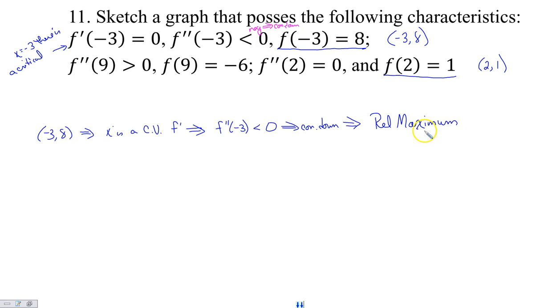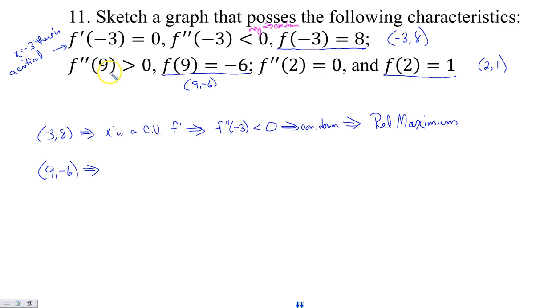So now what do we get from the second part of this? Oh, I missed a point. We'll come back and talk about this one. So we've got a third point here, sorry. We also have the point 9, -6. So we have 3 f of statements. Okay, so let's talk about 9, -6. We don't know anything about the first derivative, absolutely nothing.